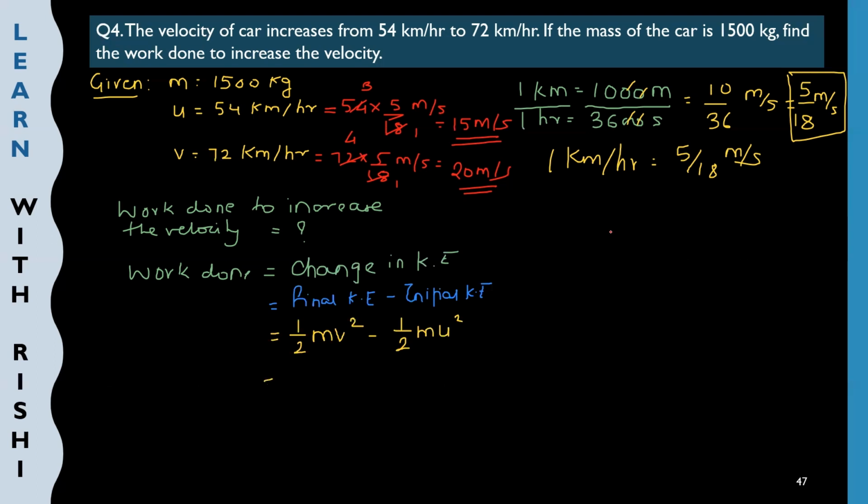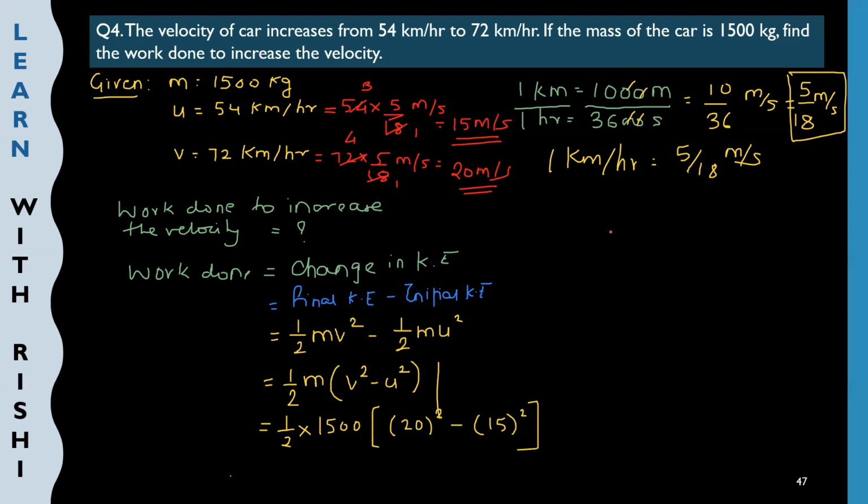So we'll just substitute the values. You can take half and mass common and we'll get v square minus v square. That is equal to half into mass, 1500, in bracket v square. What is v? V is final velocity, that is 20. So square of 20 minus square of 15.